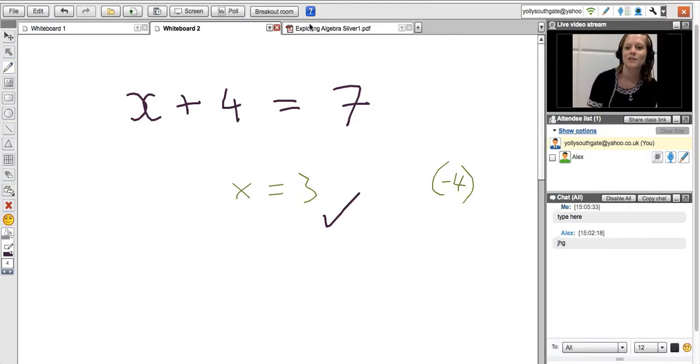So x equals... Yeah, you do. Yeah, that's right. But how come you're allowed to just take away 4 like that? What makes that possible? Because we got +4. Yeah, that's right. So what you did is you took away 4 here, and you also took away 4 here. So you've taken away 4 from both sides of the equation. So that's why you're allowed to do that. Is that clear? Yeah. Okay.